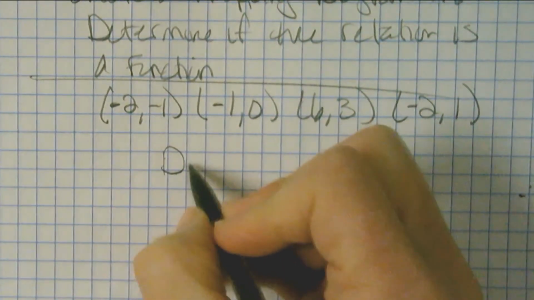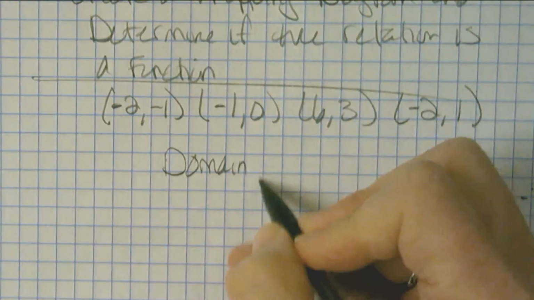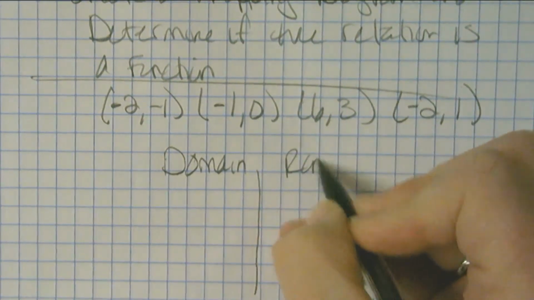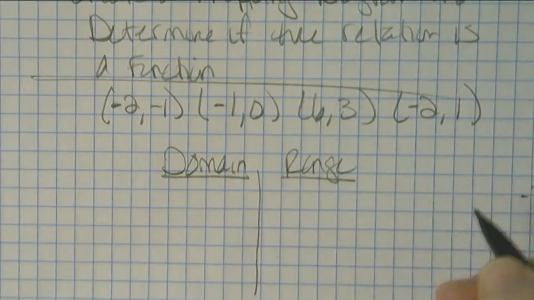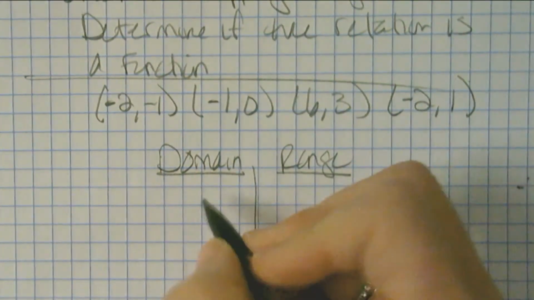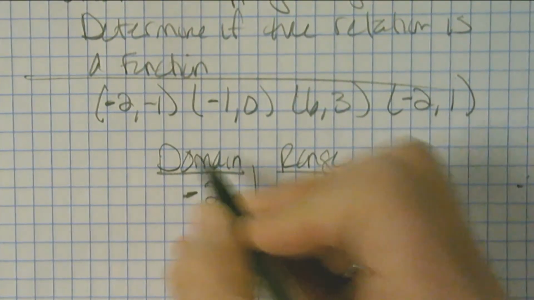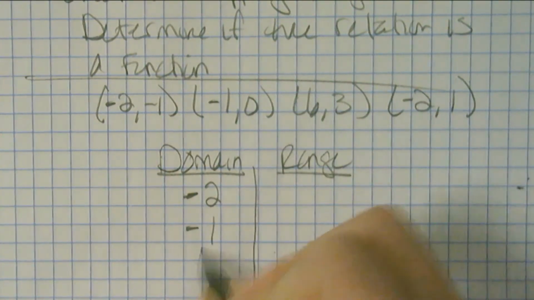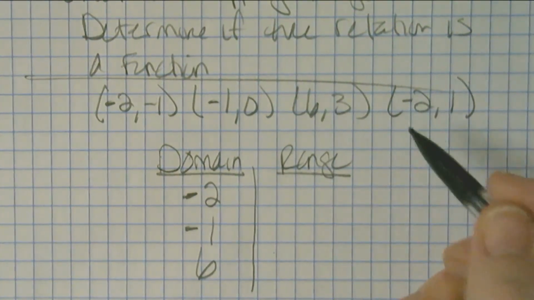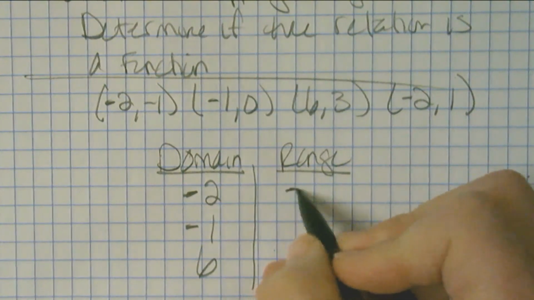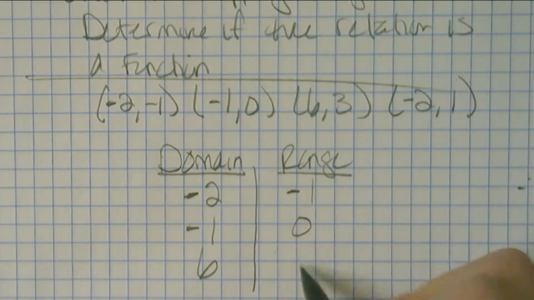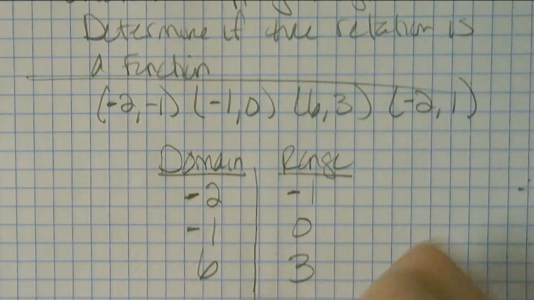So I'm going to start by writing domain, range. I'm going to list all my domain values. I have -2, I have -1, I have 6, well -2 already showed up. My range values, I have -1, I have 0, I have 3, and I have 1.